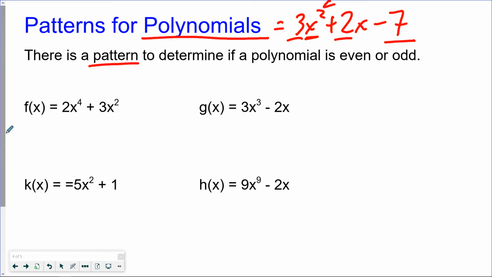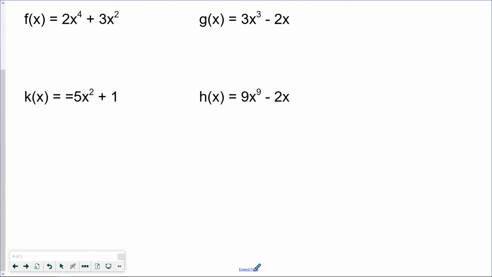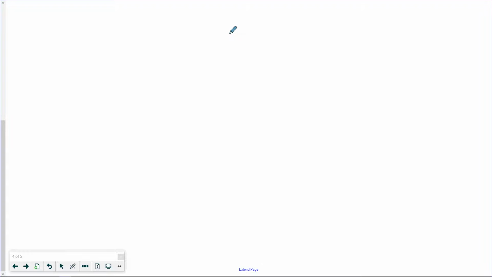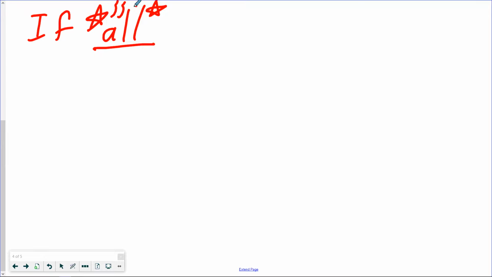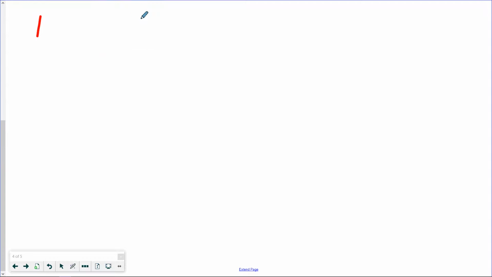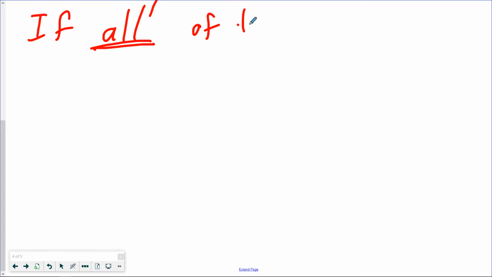And I'm going to go down here just a little bit so I have some room, and we'll come back. So if all, and this is important, you need to like put stars on the word all, or like flames or something. I'm bad at flames, but you get the idea. All is super important. If all of the exponents are odd, the function is odd.